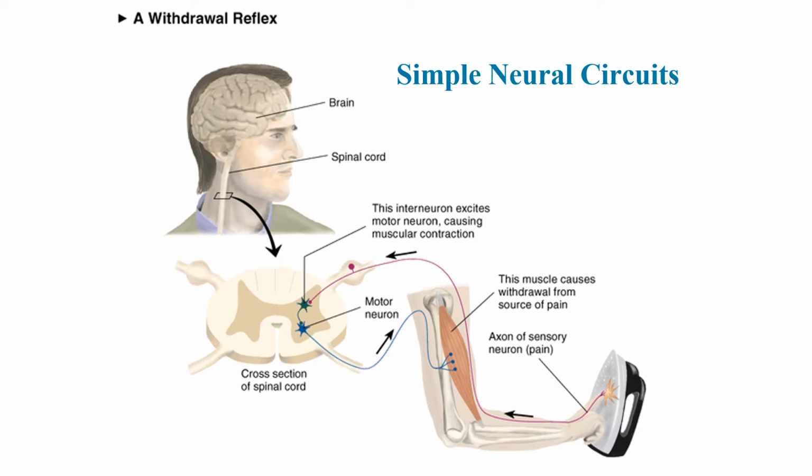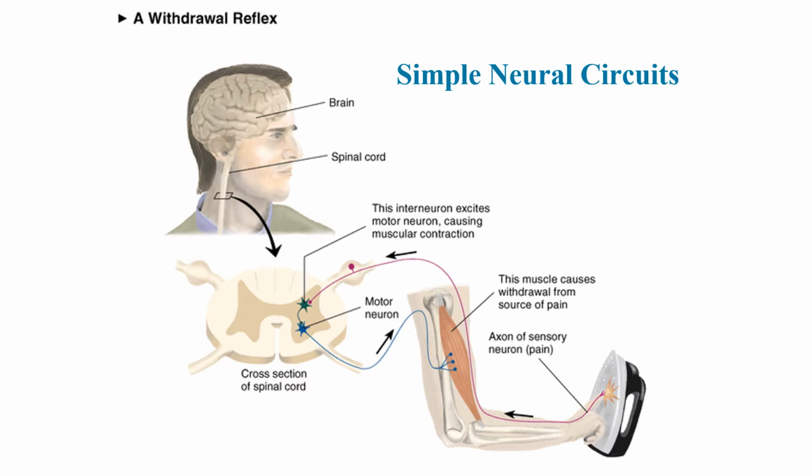So you should recognize this picture from the first half, and basically this picture is referring to the sensory neuron, the interneuron, the motor neuron, and how all of those work. But we're actually going to look at this a little bit more in depth.